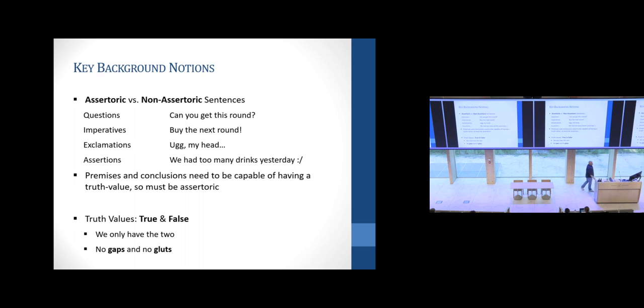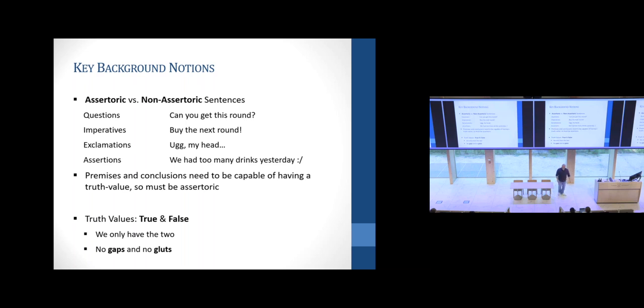So the easiest way to kind of get a grip on this is if you think about fiction. Fiction is typically thought to be gappy. Right? Is it true that Sherlock Holmes has a mole on his left shoulder? I mean, the story doesn't really say yes, and the story doesn't really say no. It just seems like the story doesn't say anything at all about it in any way.